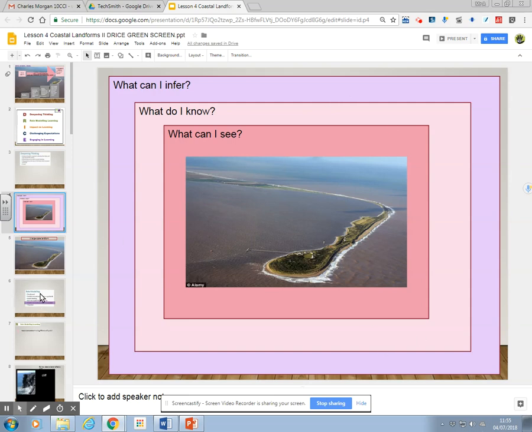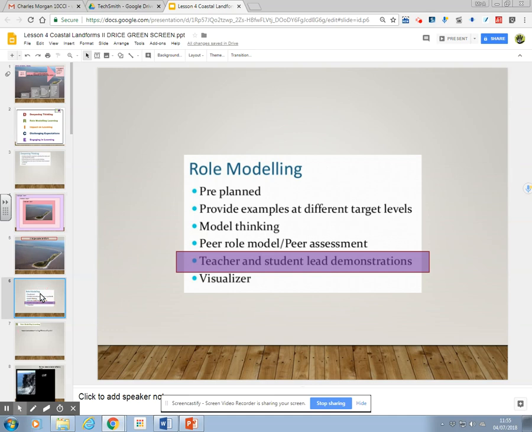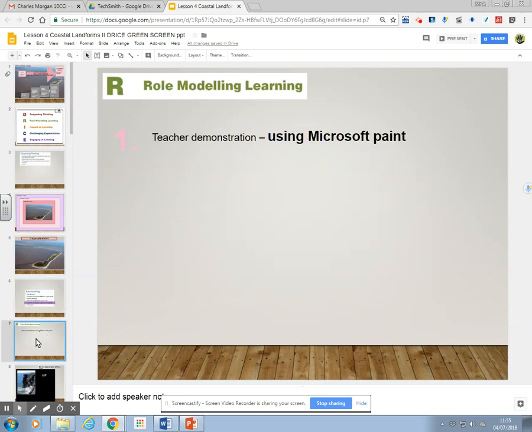My main lesson then is about pupils having to explain a range of large-scale coastal landforms. And for this, I started out with role modeling some different examples. So I think it's 4 role model examples in the teacher's file here, which are both student, teacher, and other people's demonstrations. The first one is one I do myself using Microsoft Paint.